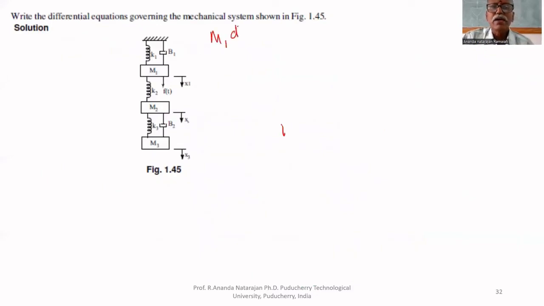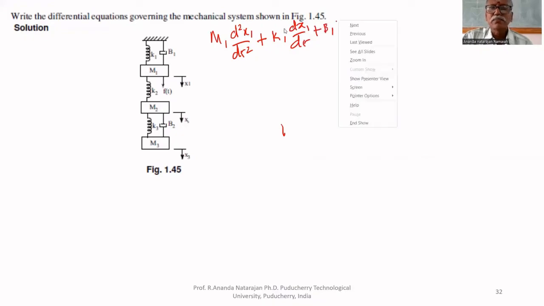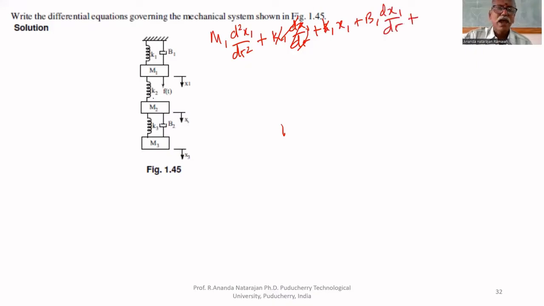M1 d square x1 by dt square plus K1 x1 plus B1 dx1 by dt plus K2 multiplied by x1 minus x2 equal to applied force F of t.